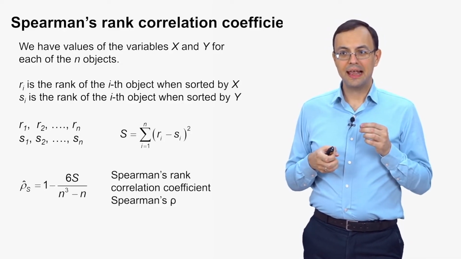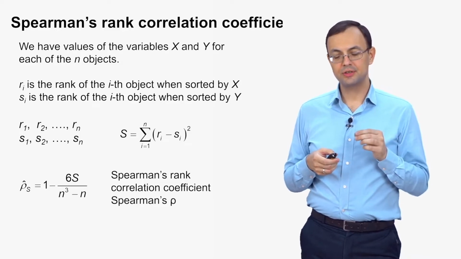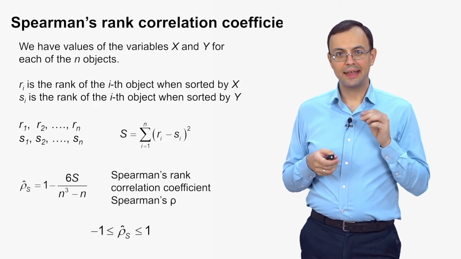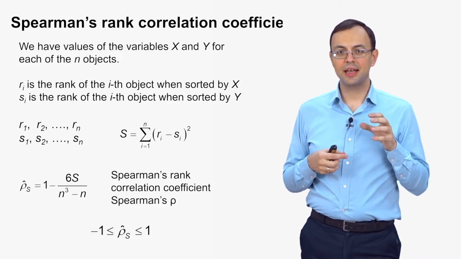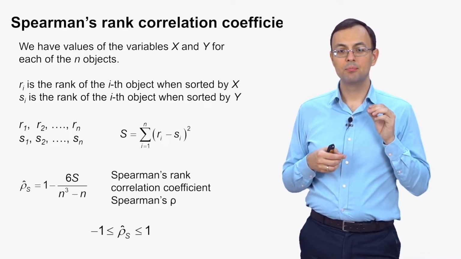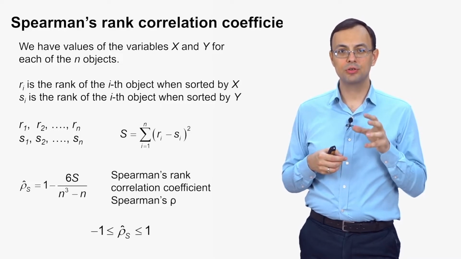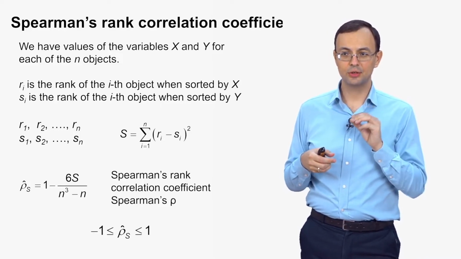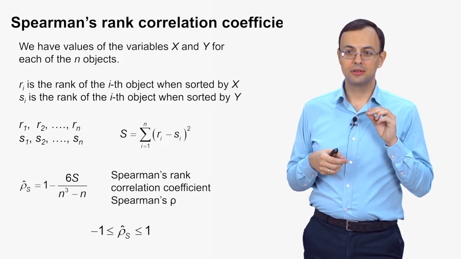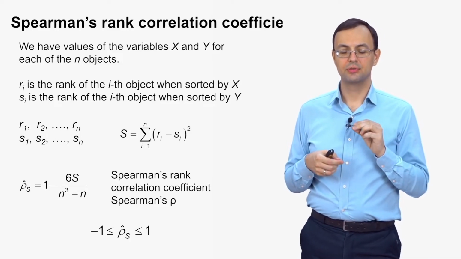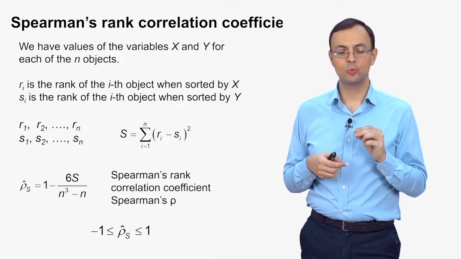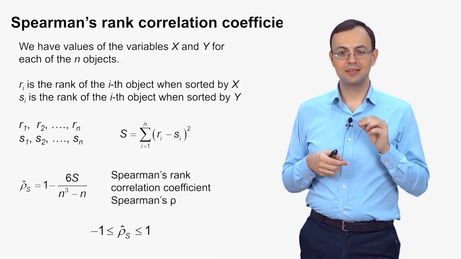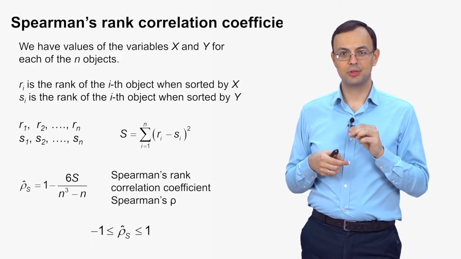This coefficient can take values from -1 to 1, and it shows us how strong the monotonic dependence, the monotonic relationship between x and y is. So if rho s is equal to 1, this means that there is a direct monotonic relationship between x and y.